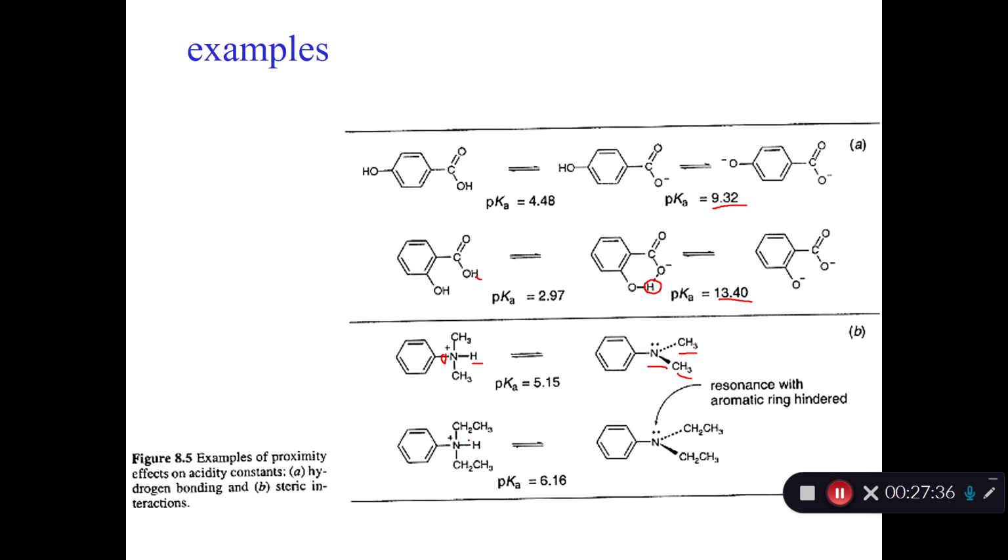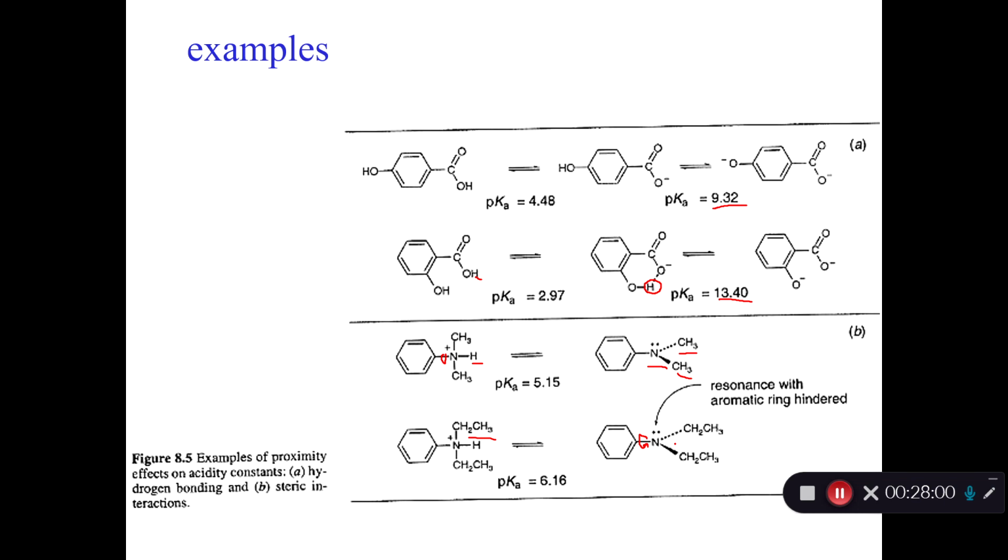But if you make them a little bit bigger and make them ethyl groups, now it becomes much more difficult. They're sterically hindering the rotation around this bond right here. See if I can draw a little arrow. There we go. They're sterically hindering the rotation around that bond because for them to be in the same plane with the ring is creating some steric hindrance because these are just big and they get in the way.